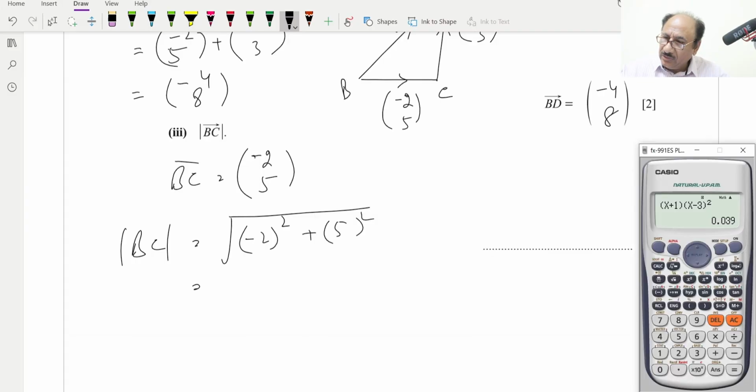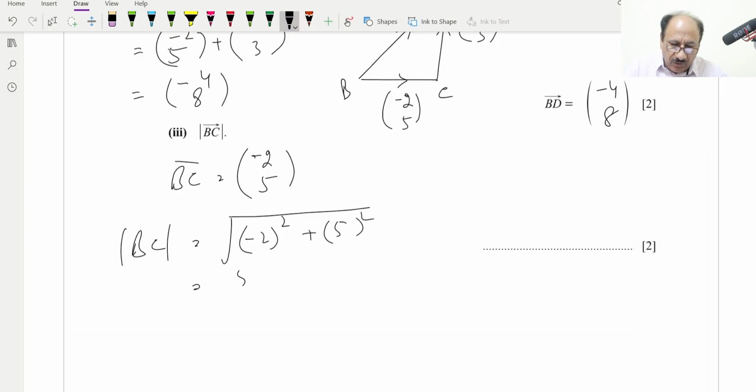Now calculate this one: square root of minus 2 squared plus 5 squared, and this will be equal to root 29, which we can write as 5.385. 5.385 will be our final answer.